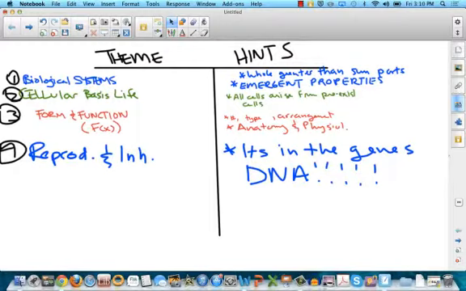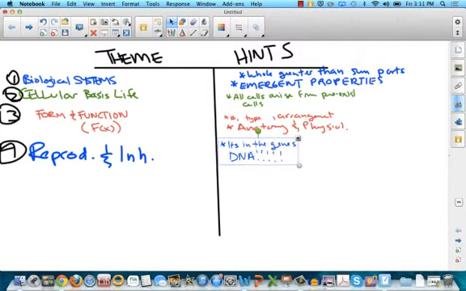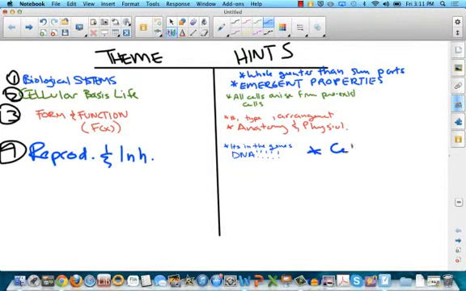It contains the information on how to make us. But it also is the idea that it requires cell types to come together to reproduce. And so it's in the genes, it's in the DNA, but we know that the genes and the DNA are inside of cells. And so cells contain DNA.